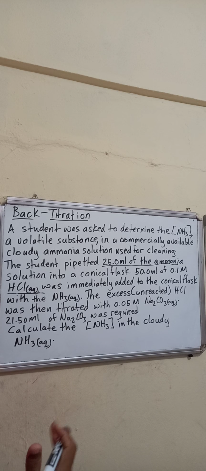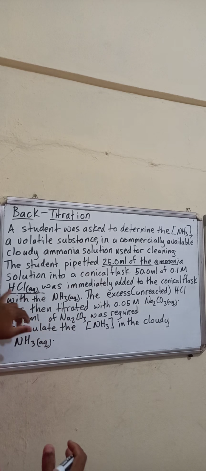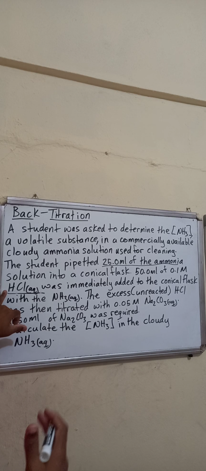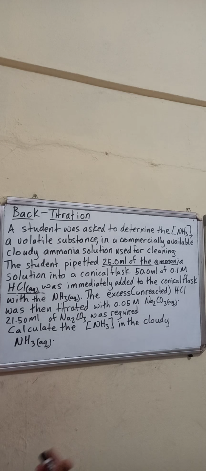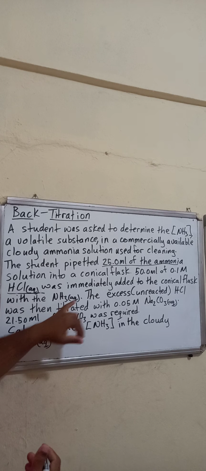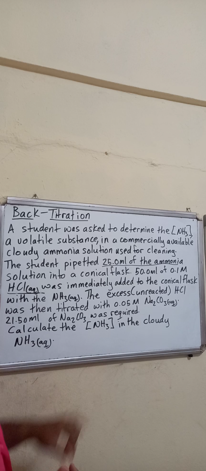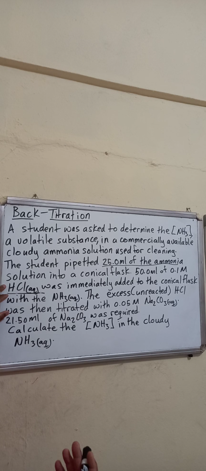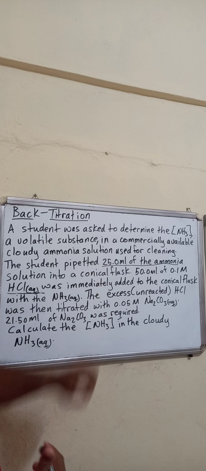So the reaction is between ammonia and HCl, but remember, we're trying to figure out the concentration of ammonia. We know the volume and concentration of the HCl, so we can use that to calculate the moles of HCl and then use the mole ratio from a balanced equation to get the moles of ammonia.